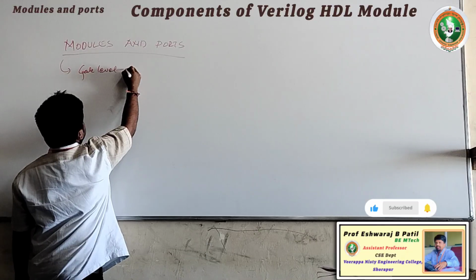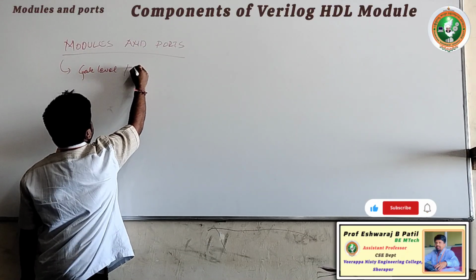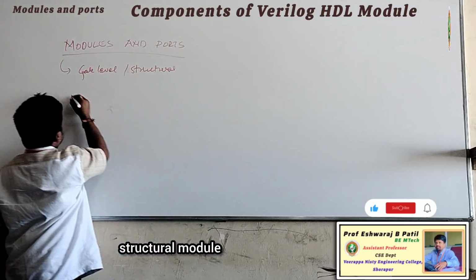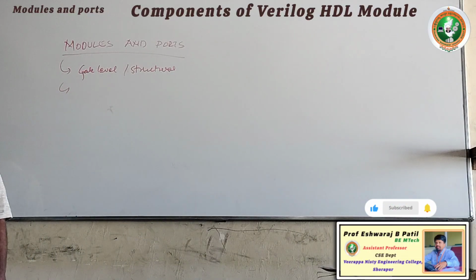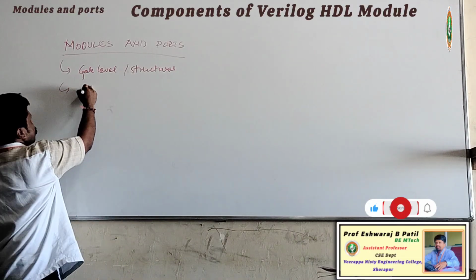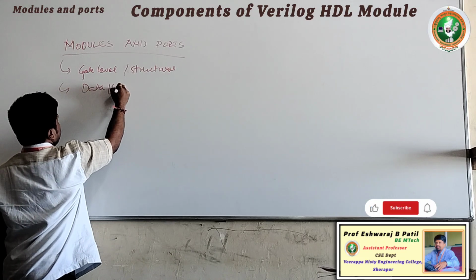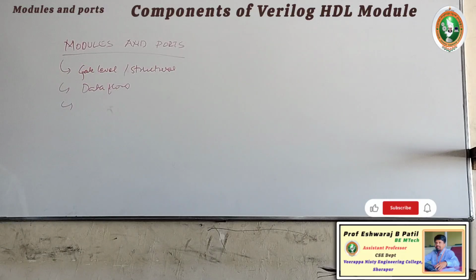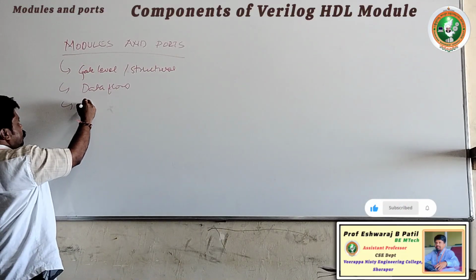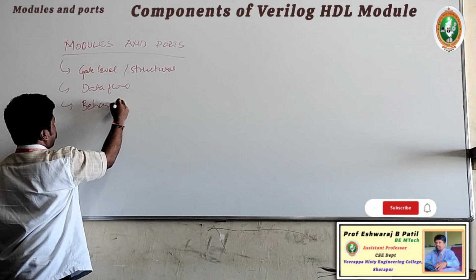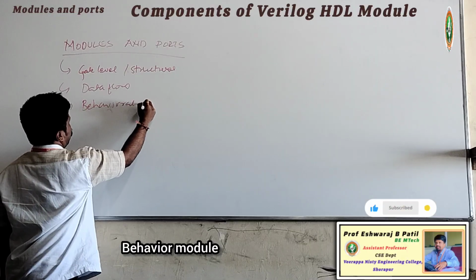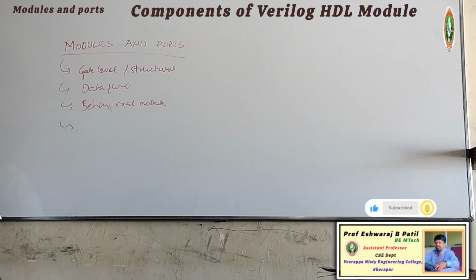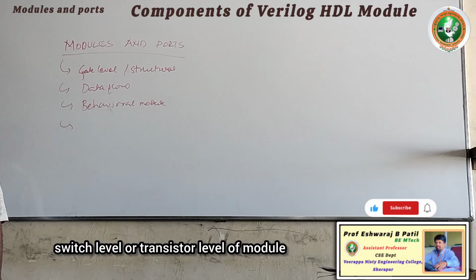Second is the data flow model. Third is the behavior model. Fourth is the switch level or transistor level model.